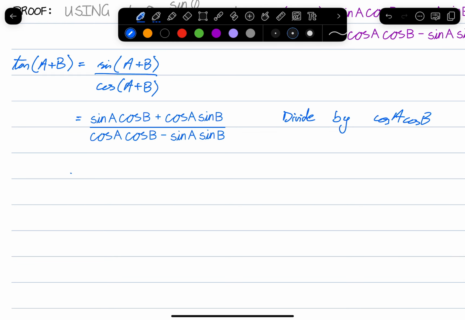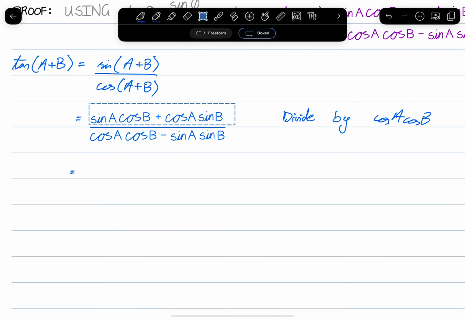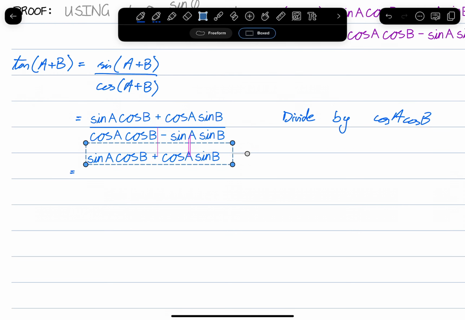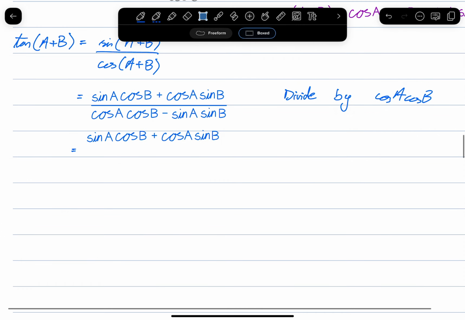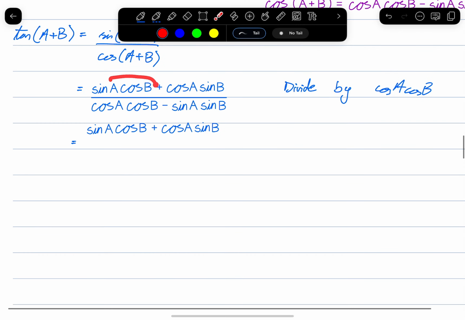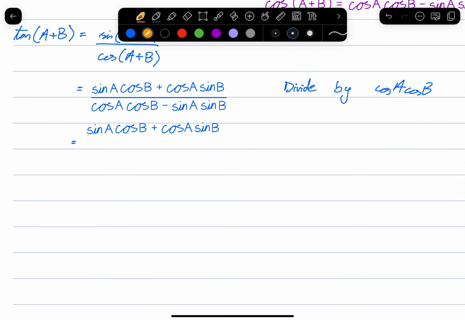So this is going to become, so I'm going to color code it here. This numerator, this one is divided by, let's do this in orange, divided by cos A, cos B. So cos A, cos B. This one is also divided by cos A, cos B.